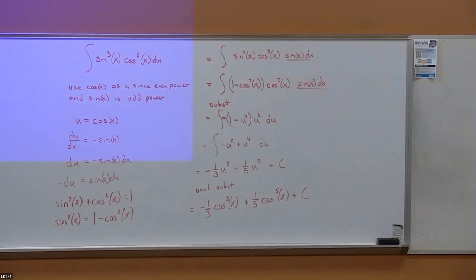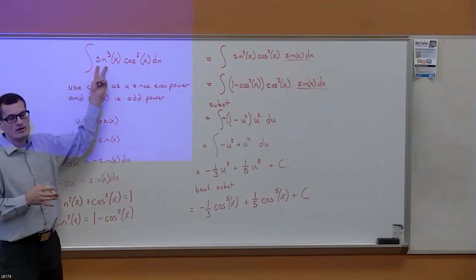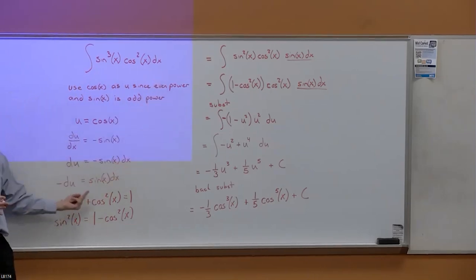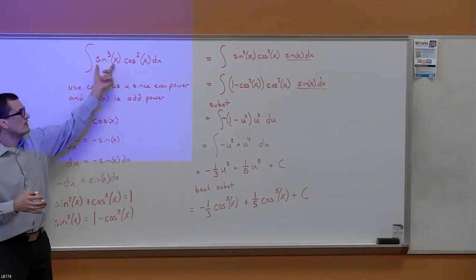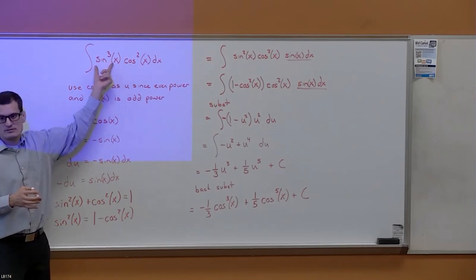I just like to say, you kind of look ahead into the future, and you know you're gonna have to peel one of these off and attach it to the dx for that dx du exchange. All right, you know that's gonna happen. And then you hope that the remaining part is even, whatever you peeled off.